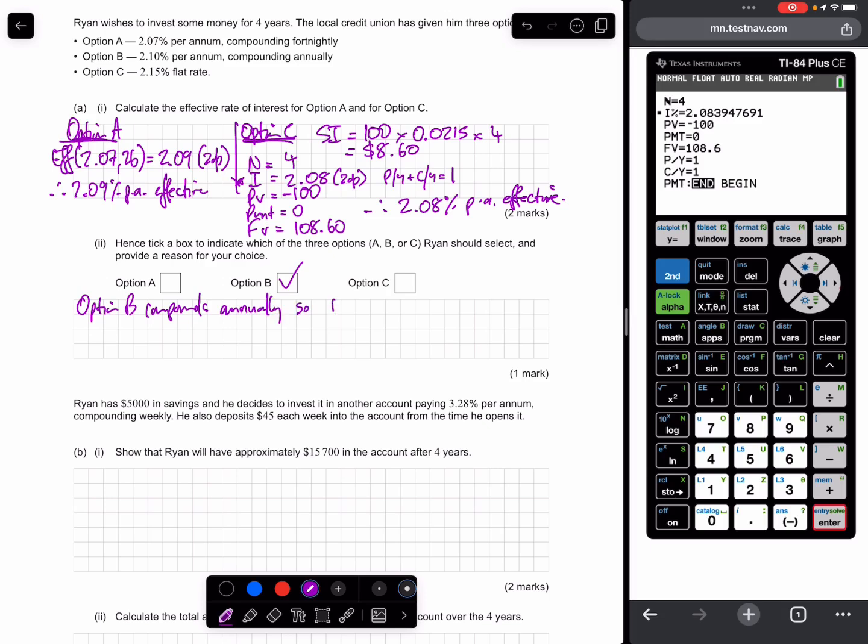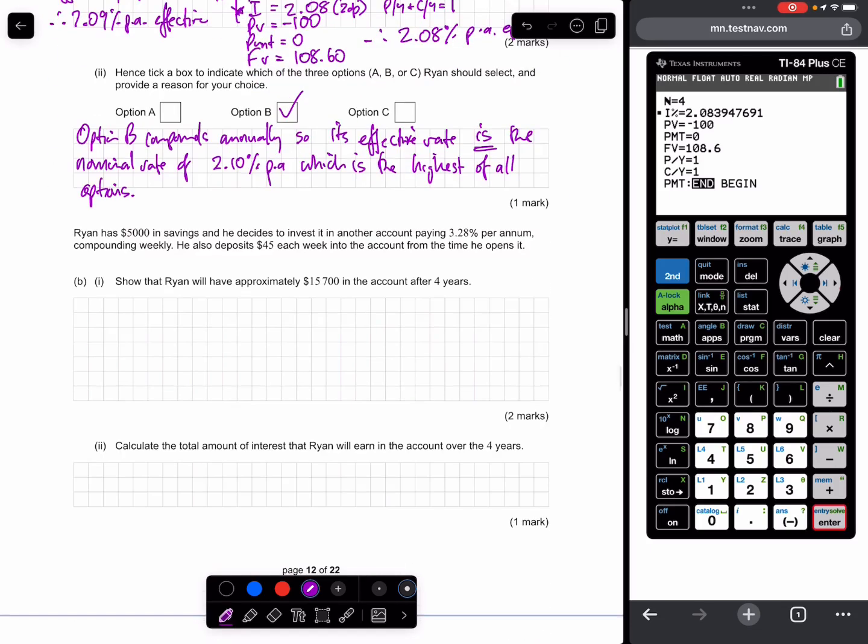So its effective rate is the nominal rate of 2.10% per annum, which is the highest of all options.